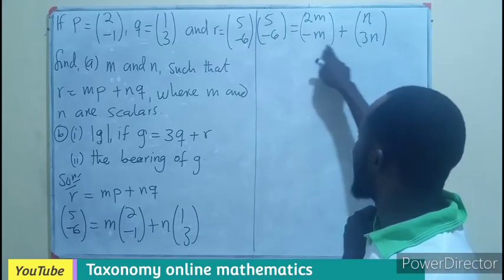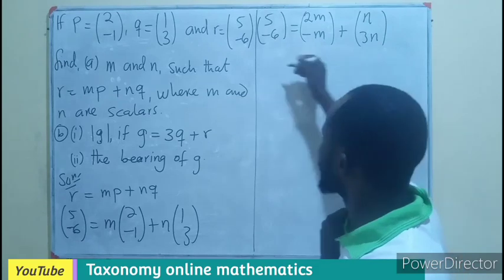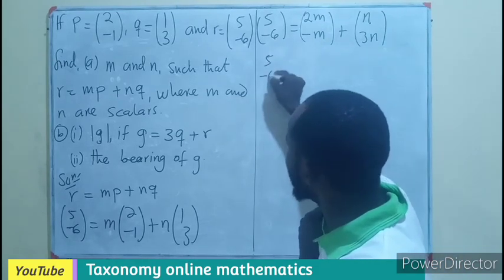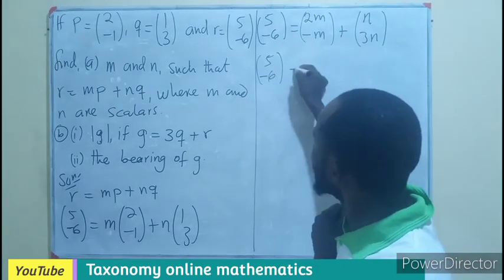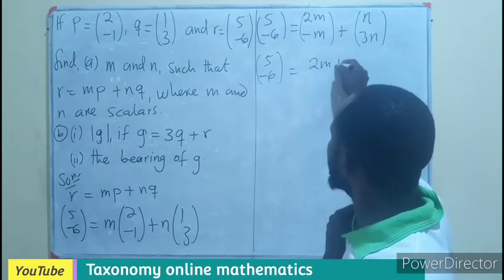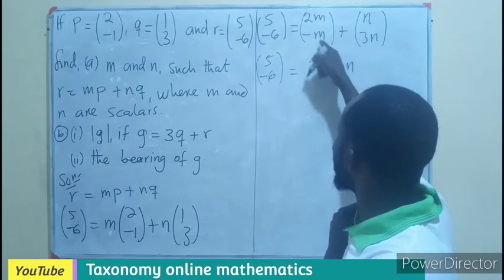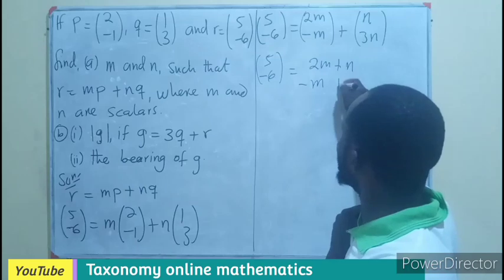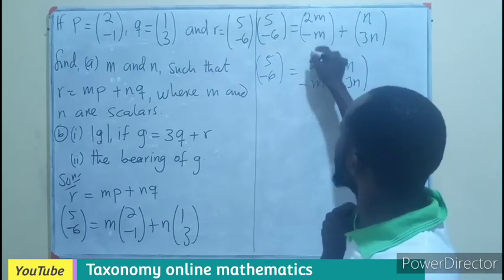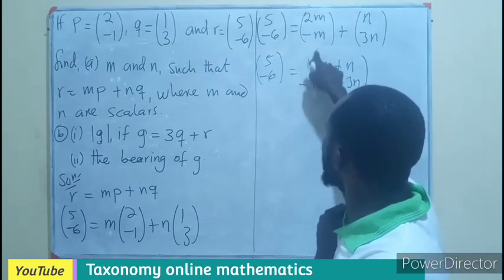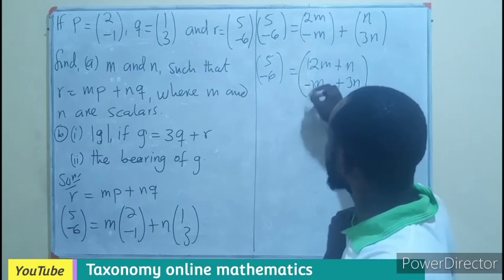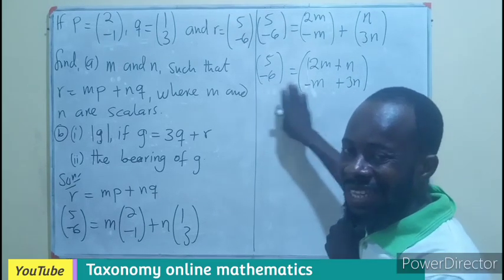What we need to do is find the arithmetic of this. So this becomes 5 and minus 6 as a vector equals 2M plus N and minus M plus 3N. So this becomes two vectors, and this is equal to this.